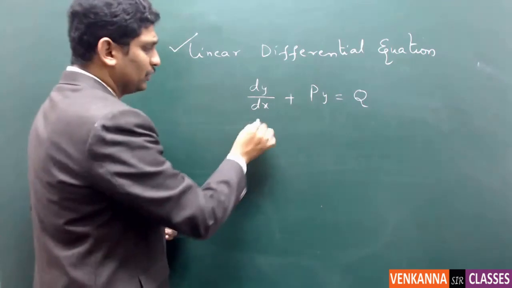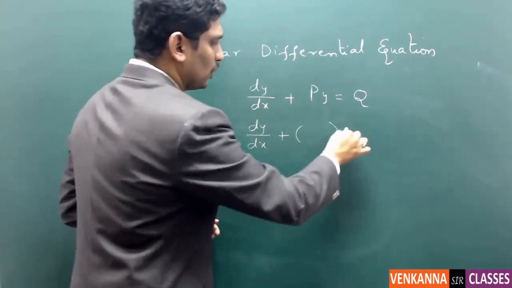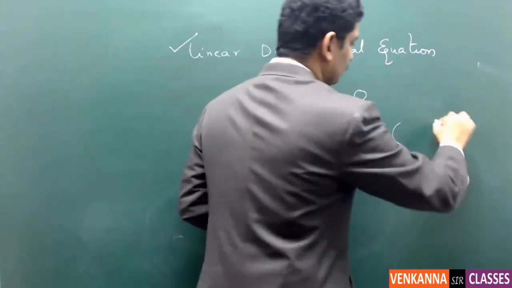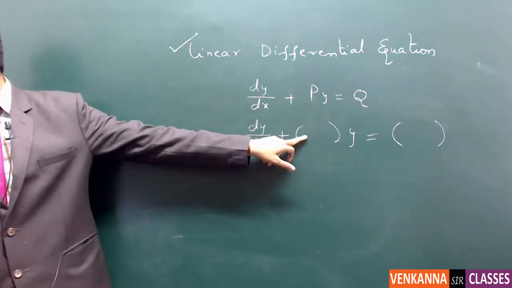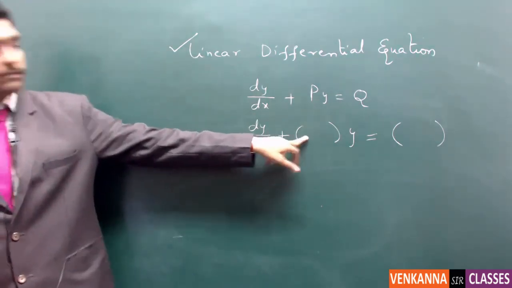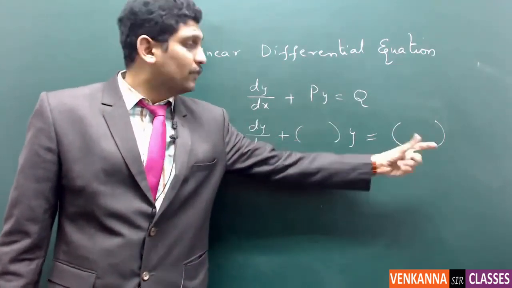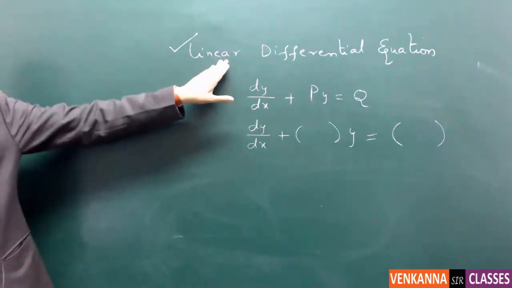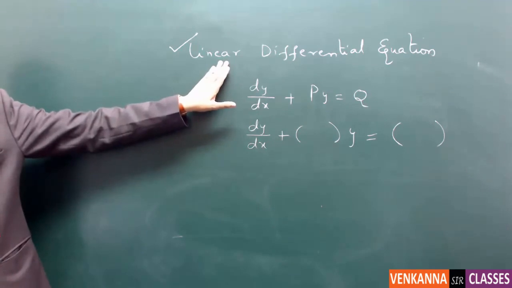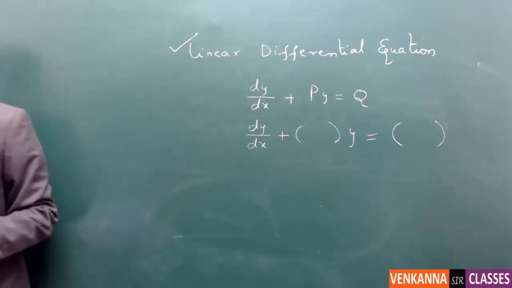In other words, dy by dx plus some coefficient into y equal to some terms. Here p is a function of x or a constant. Here q also is a function of x or a constant. Whenever an equation is given in this form, we call it a linear differential equation. And you can observe that it is a first order and also first degree differential equation.